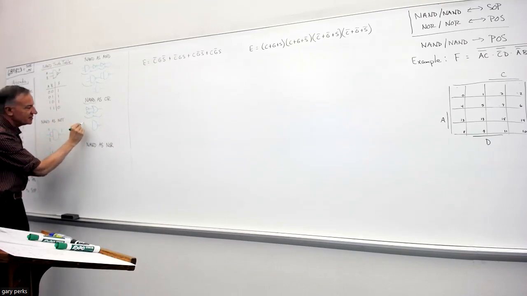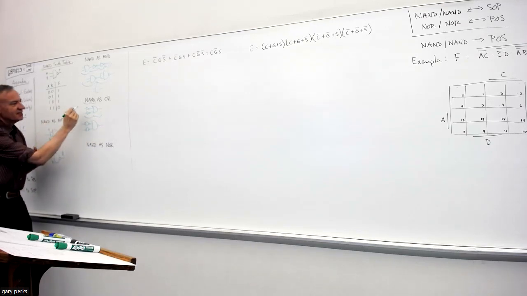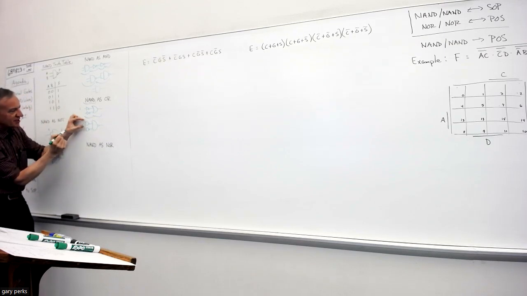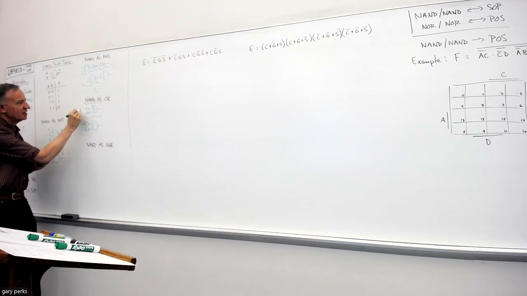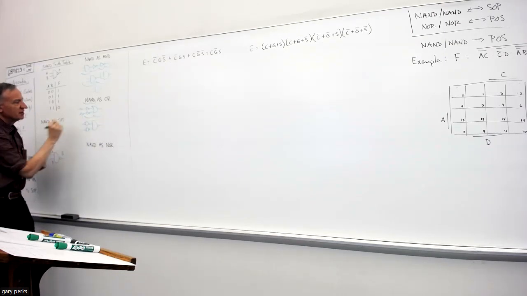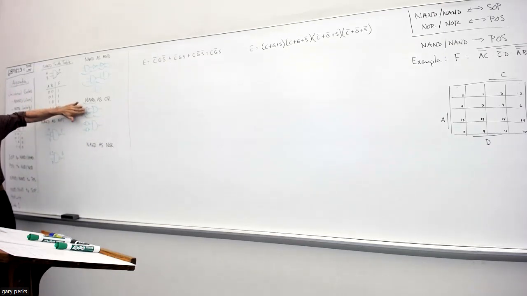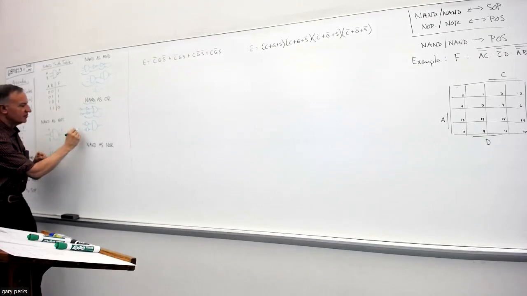So if I did this, putting these NAND gates as inverters at the input of this NAND is the same as putting inverters at the input of this OR that has inverters at the input. Those effectively would cancel out, and now this equals the OR. See, this would be an OR gate.